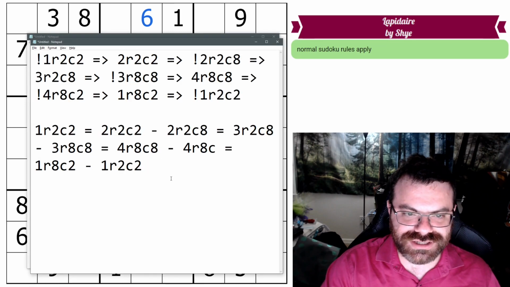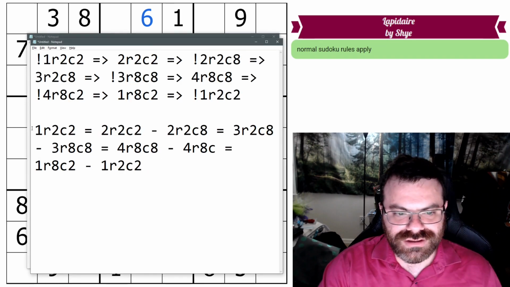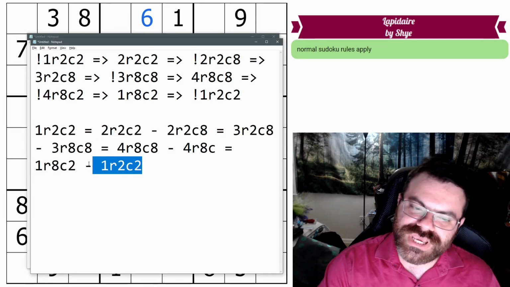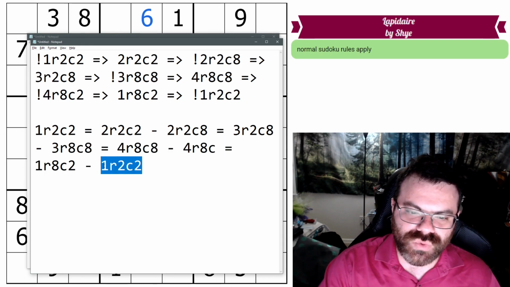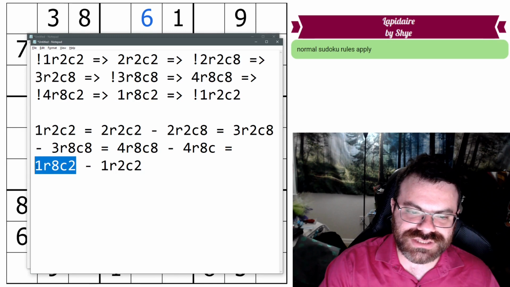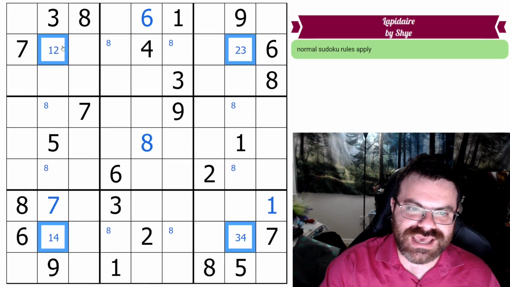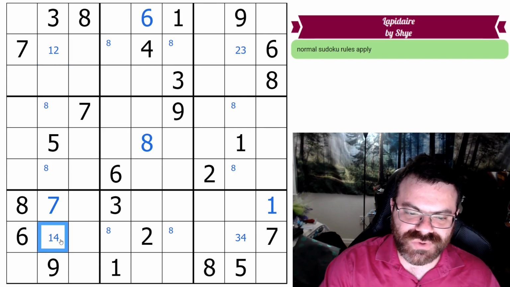So going back to here, we can look at this backwards, and we get, what would this describe? A 1 in row 2, column 2 having a weak link to the 1 in row 8, column 2 means if this is a 1, I have a weak link to the 1 in row 8, column 2.